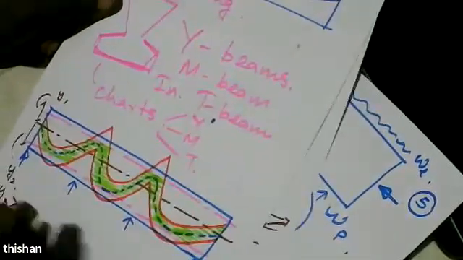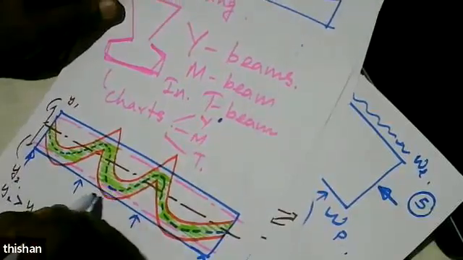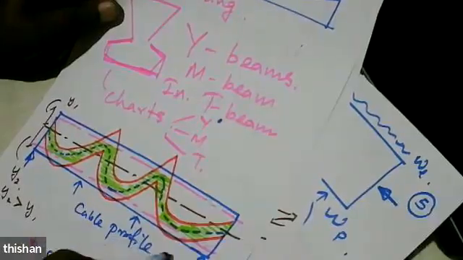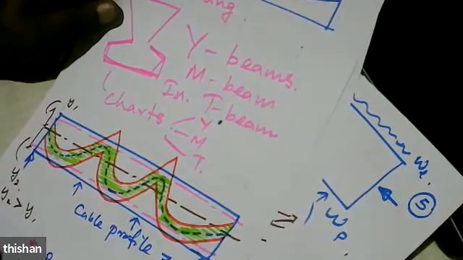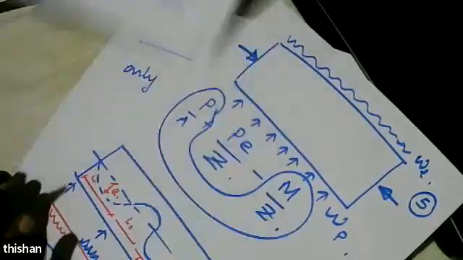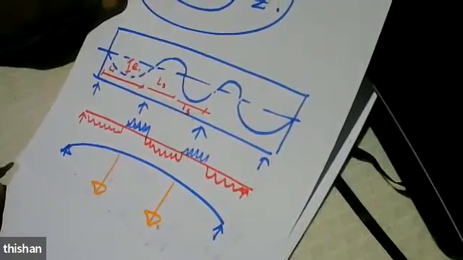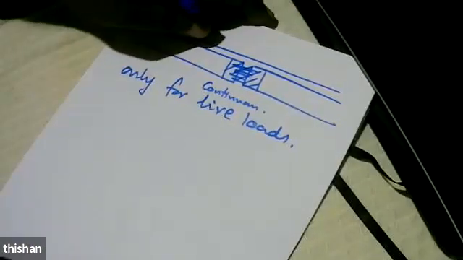So we say we are going to fit a cable within the zone. This is a cable profile zone, not a line, it's a zone, and within that you can fit a line. It's perfect, but after doing all these things, suddenly you find some strange moment is coming, and that is going to derail all your calculations. So people thought, okay, why do we worry about it?